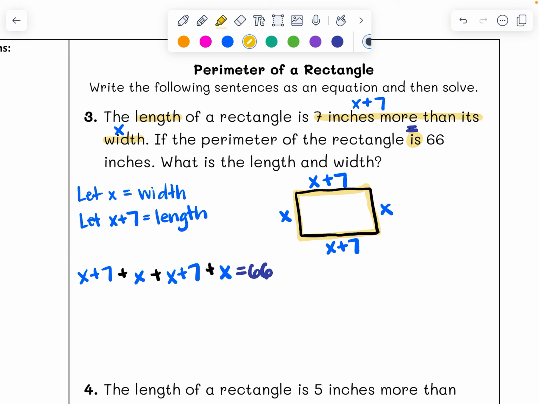So now I need to combine like terms. So I have 1, 2, 3, and 4 x's, 4x, and then I have 7 plus 7. 4x plus 14 equals 66.